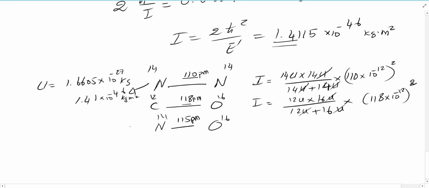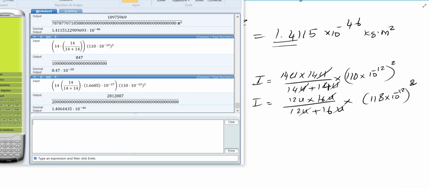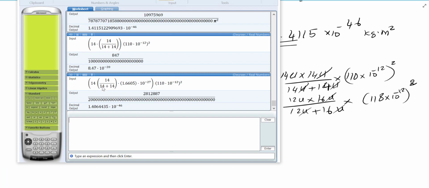Let's look at the second one in here. Here is the formula that I'm using, by the way. All I have to do now is change the numbers to CO. So this is 12, that is 16, and this is 12.